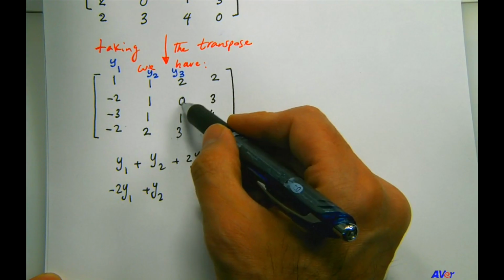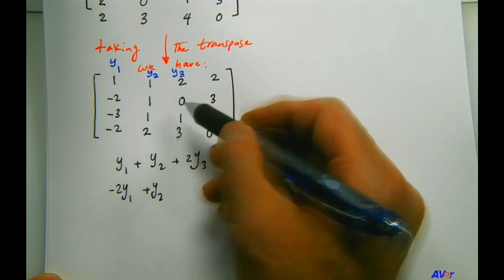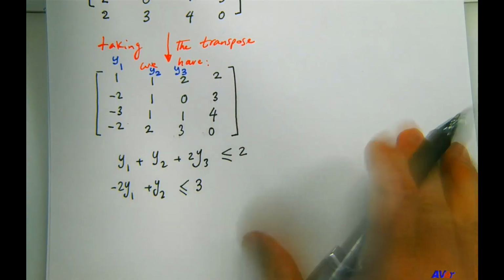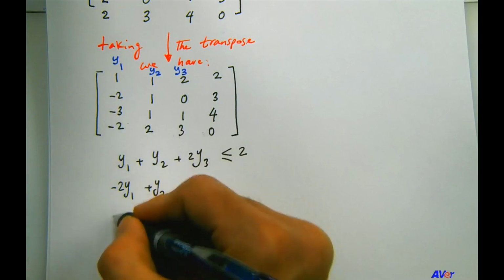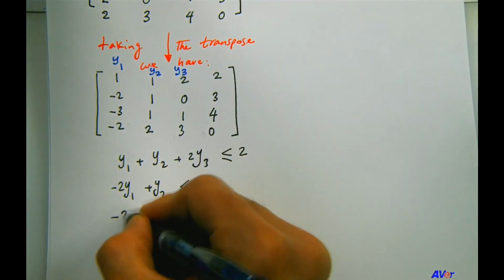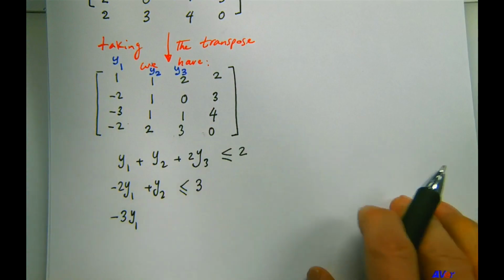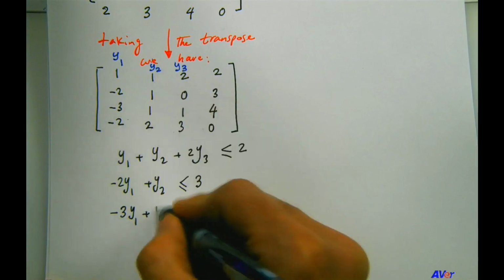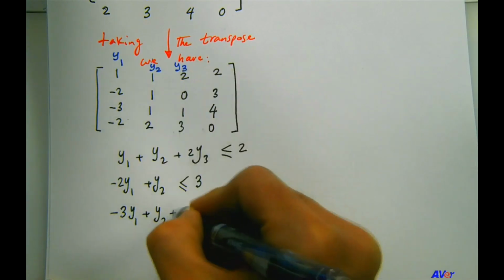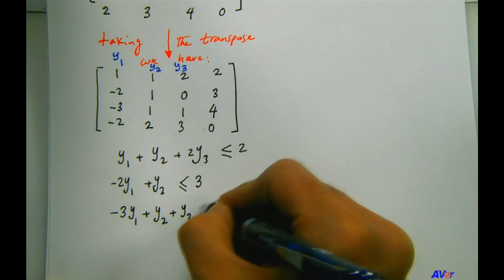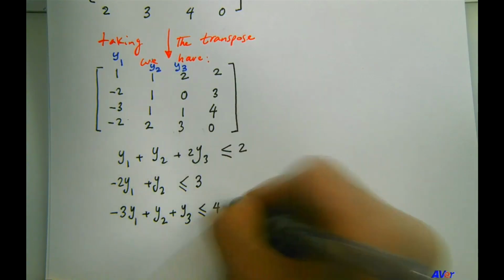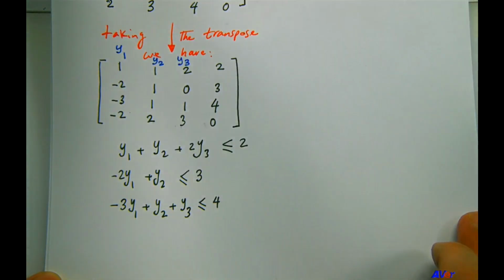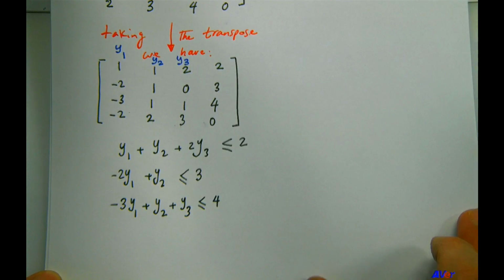No, because we have a coefficient that is 0. So no y3, but less than or equal to, of course, 3. Then this row, let's write that inequality here. Minus 3y1, right? Plus 1y2 is y2, 1 plus 1 times y3 is y3, less than or equal to 4, of course, right? I hope so far my solution agrees with yours.